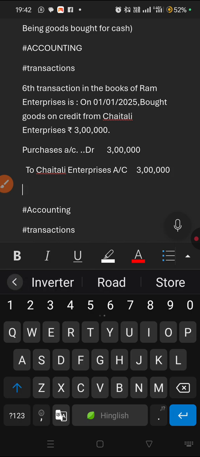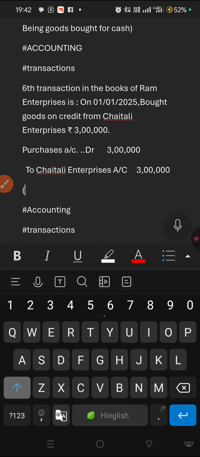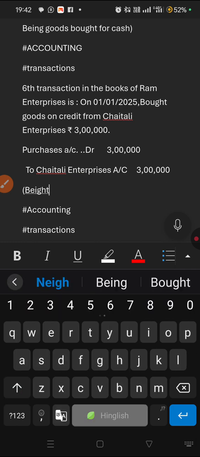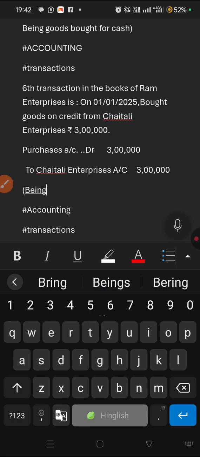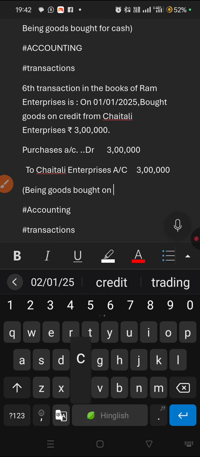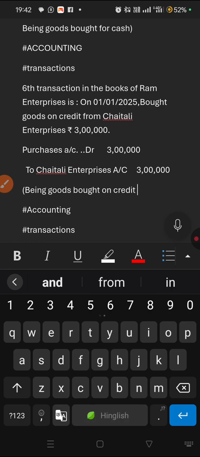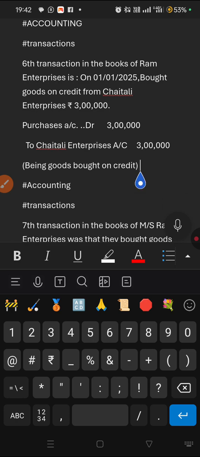And the narration for this transaction shall be: being goods bought on credit. Yes, so we have done the journal entry for sixth transaction.